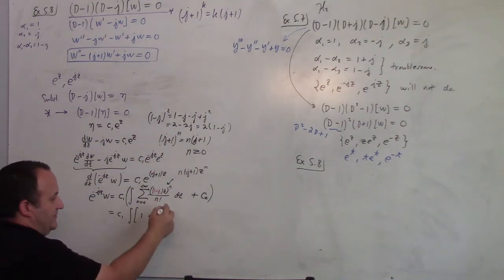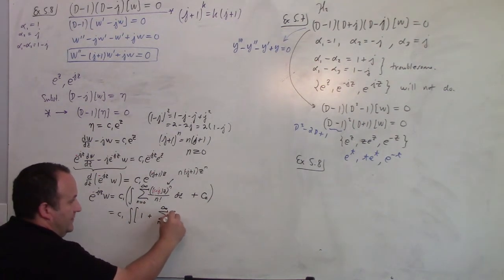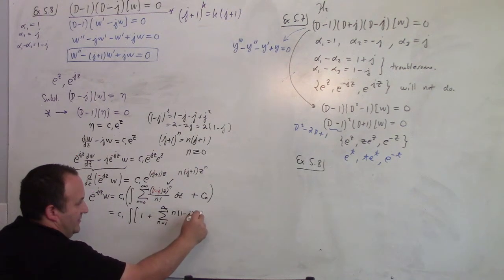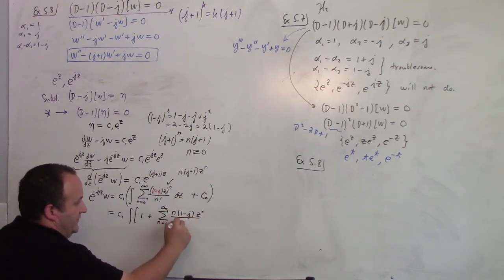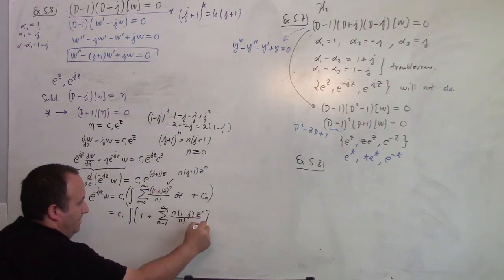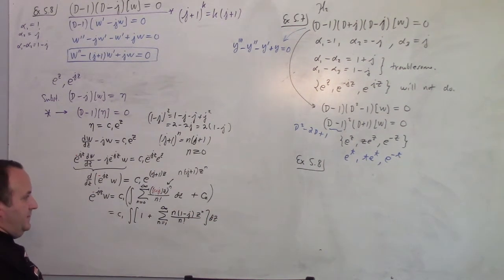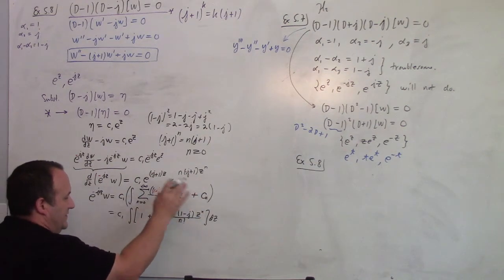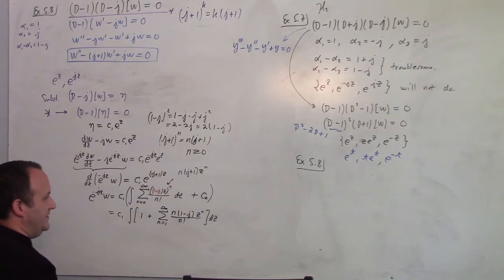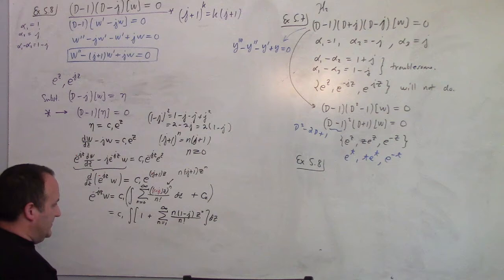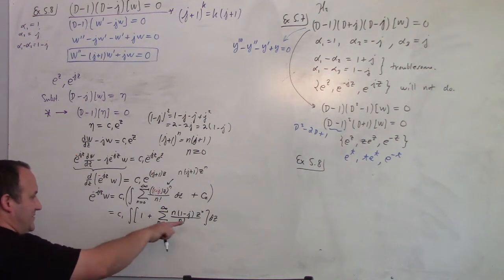So the point is I can simplify that to n times 1 minus j z to the power n over n factorial. I'll let the constant be in here implicitly.